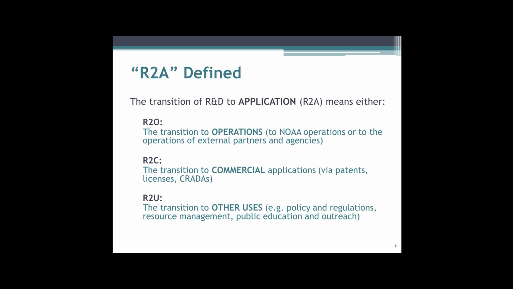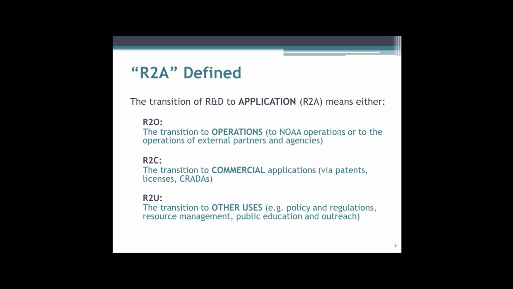And then there's a catch-all category known as R2U, or other uses, which accommodates things where some R&D is done that informs policy and regulations, resource management, and other things, but doesn't fit into either the R2O or R2C category very well.